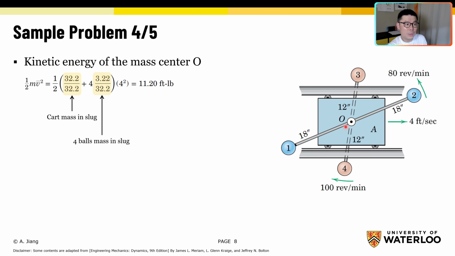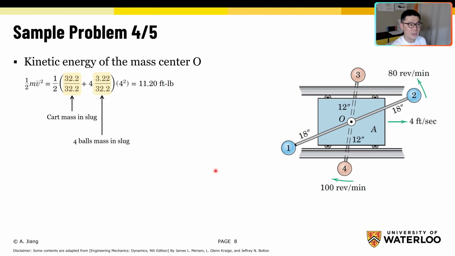Here, when we are calculating, the mass needs to contain not only the cart itself, you also need to include the mass of the 4 balls, the 4 smaller particles, because they are part of the entire system, right? Because we need the mass center. The mass center's mass is given by the entire mass of the system, which is the cart itself plus the 4 balls right here.